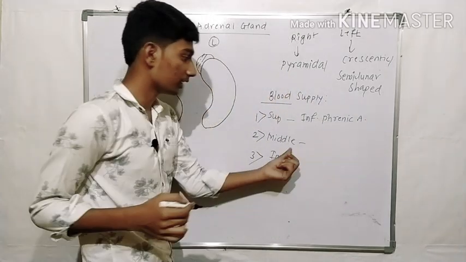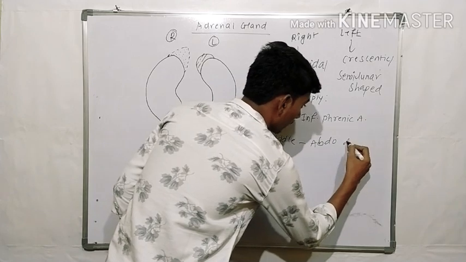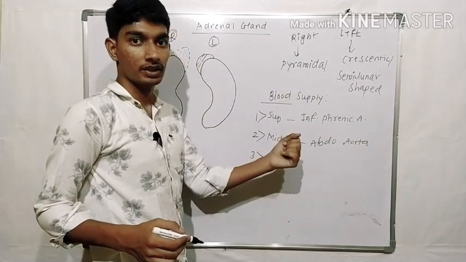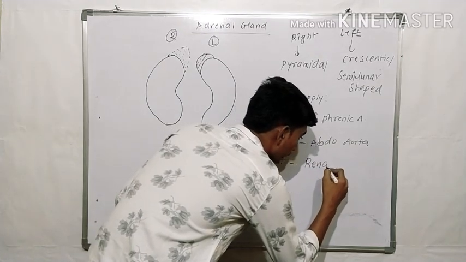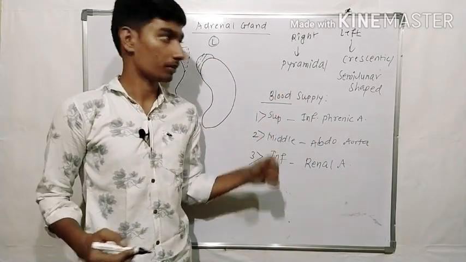Middle suprarenal artery is a direct branch of abdominal aorta, and this inferior suprarenal artery is a branch of renal artery. This is about the arterial supply.